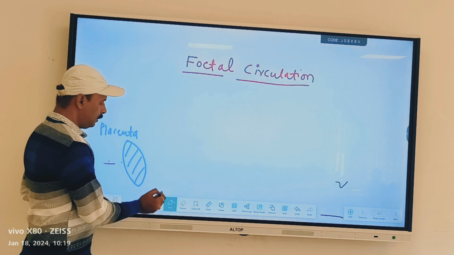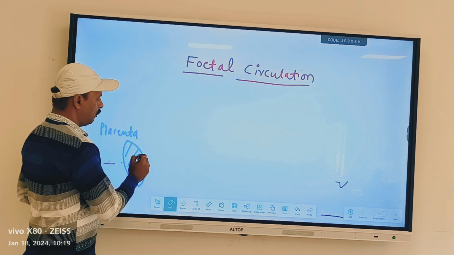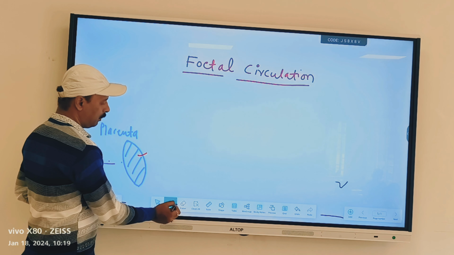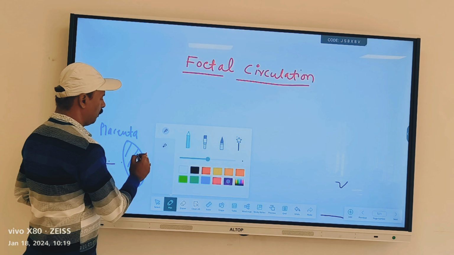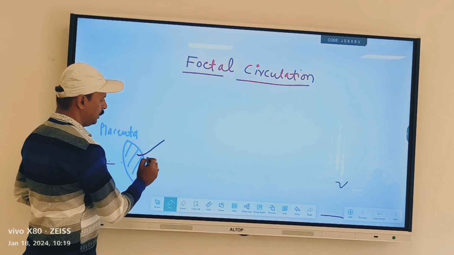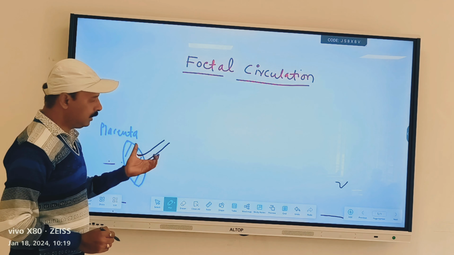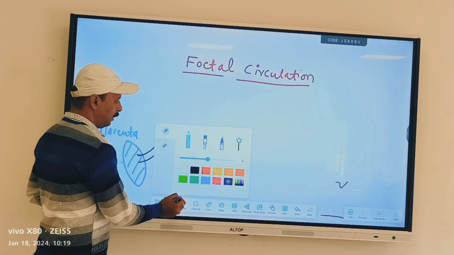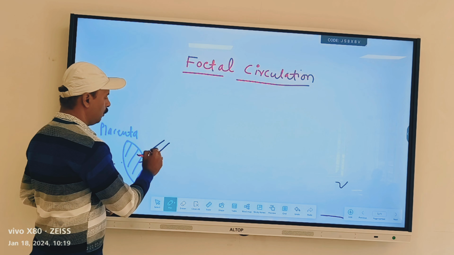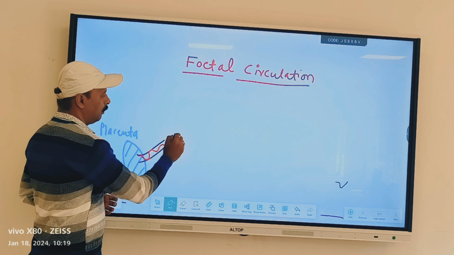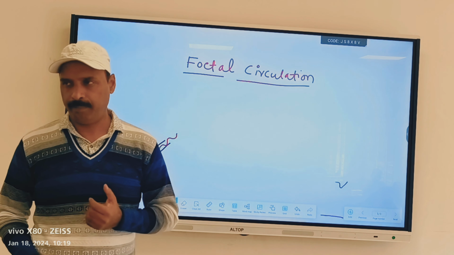This placenta consists of one cord, which we call the umbilical cord. This is the umbilical cord. The umbilical cord contains one vein, which we call the placental or umbilical vein.